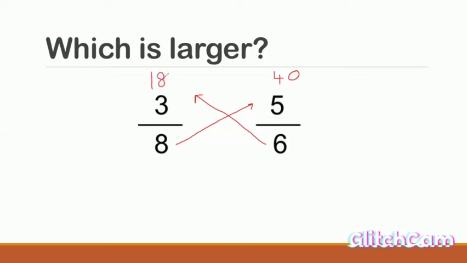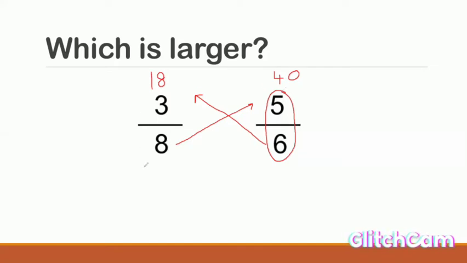Now you can identify, on top of 3 I have 18 and on top of 5, I have 40. Now out of 18 and 40, which is larger? 40. Therefore, this is the larger fraction. That is why I said this way of finding is very easy. What you have to do is multiply.